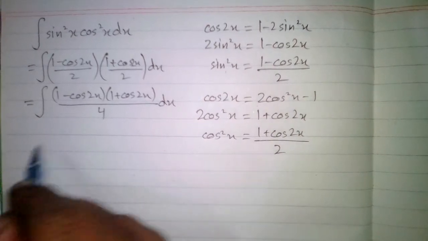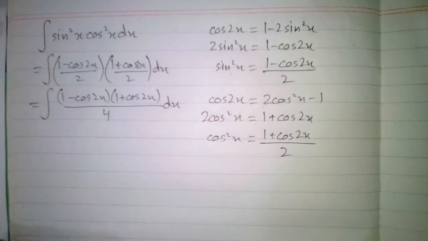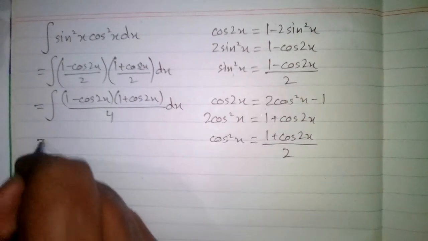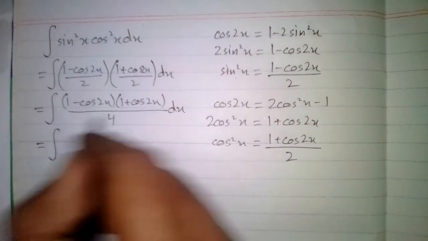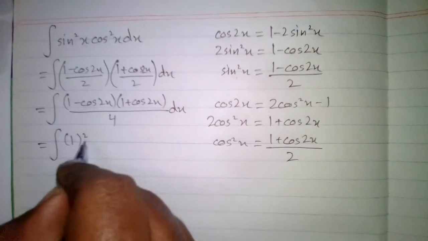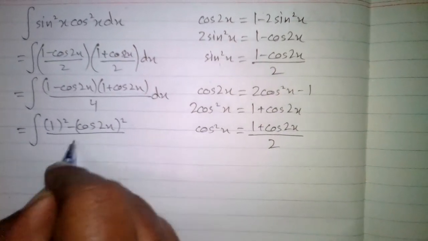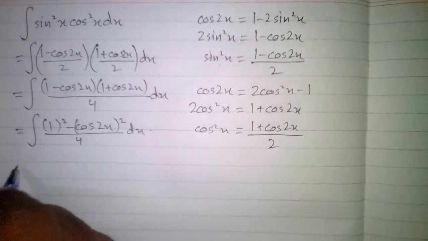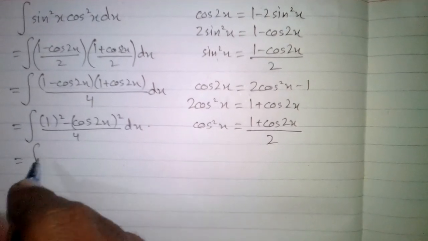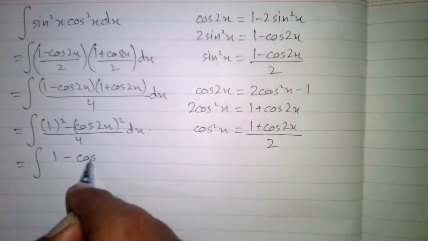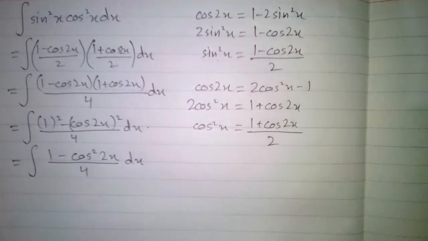Now we will apply the formula (a minus b) multiplied by (a plus b) is equal to a square minus b square. So the above integral can be written as the integral of (1 square minus cos 2x square) upon 4 dx. And then we have the integral of (1 minus cos square 2x) upon 4 dx.